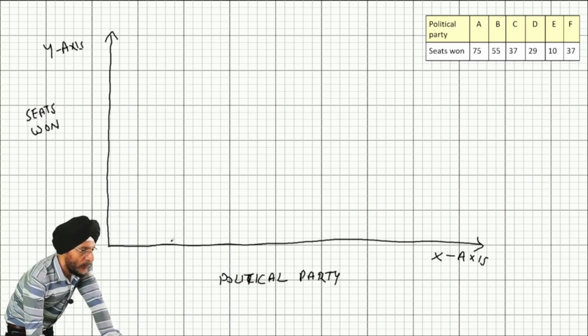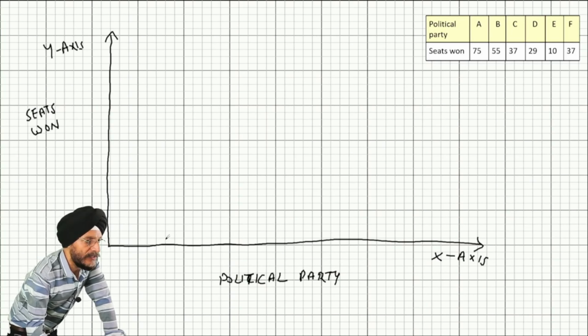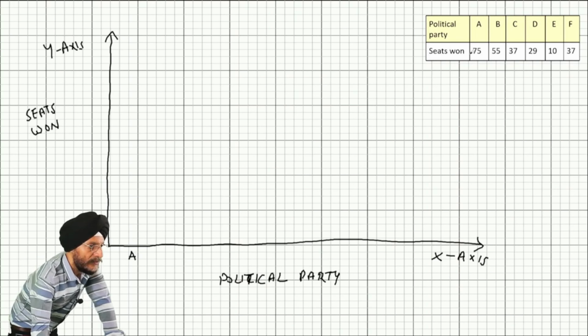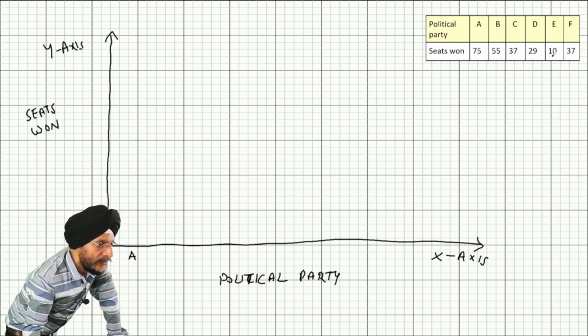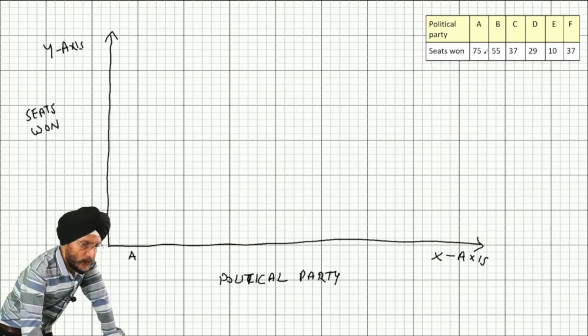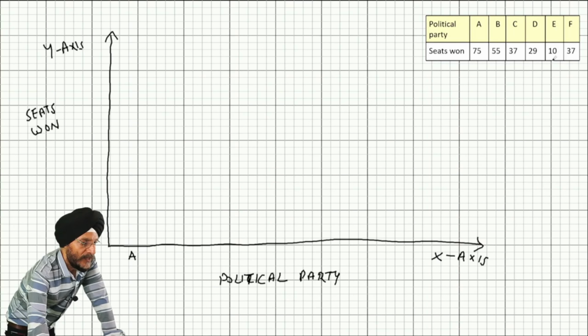Now we take all the parties one by one. First we take political party A. Now what is the minimum value and the highest? Minimum is 10 and the highest is 75. So we will start from 10.